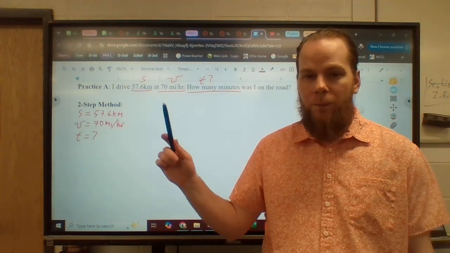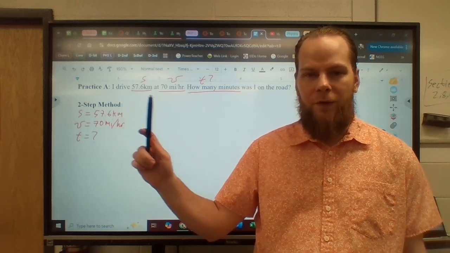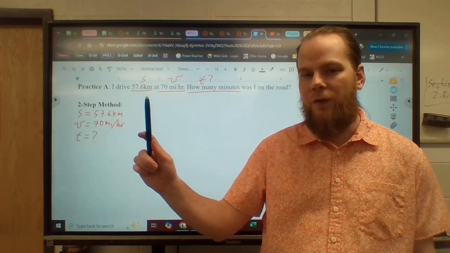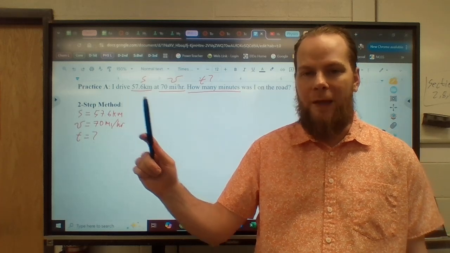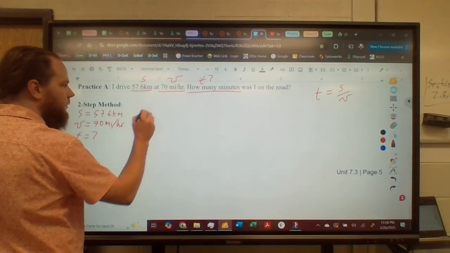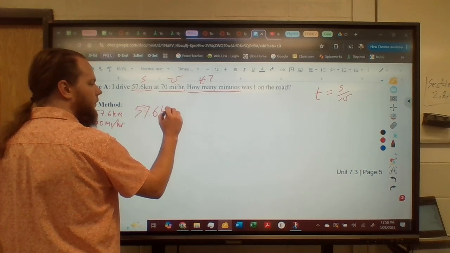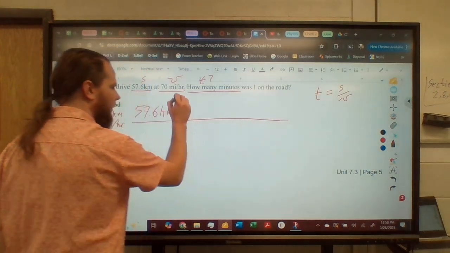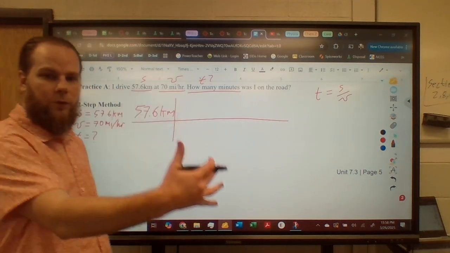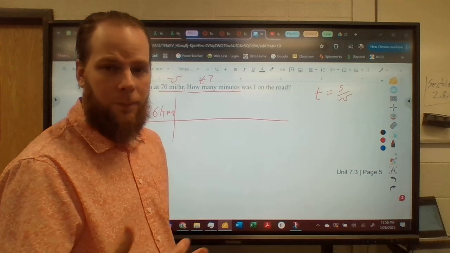Okay, so instead of converting this, we're going to convert this. 57.6 kilometers, we're going to convert that to just miles. So we start with 57.6 kilometers. And now we're going to convert that to miles.